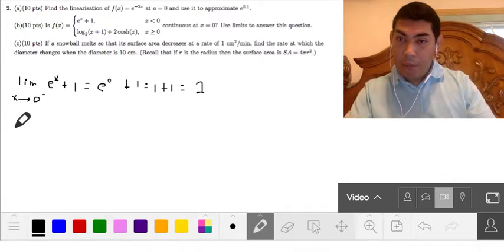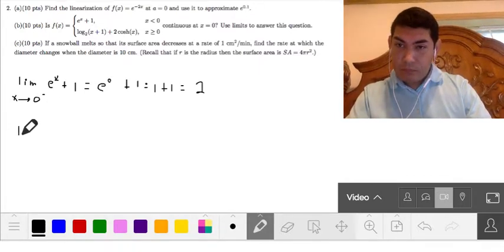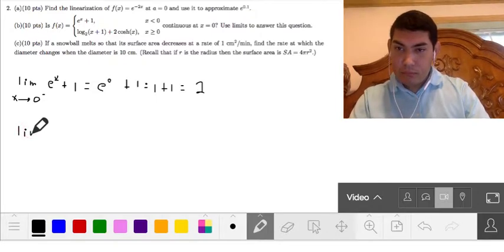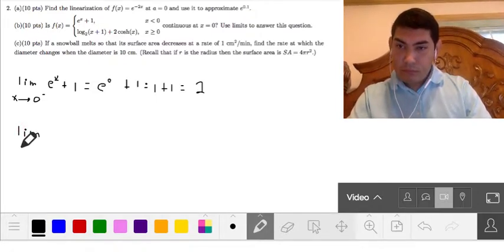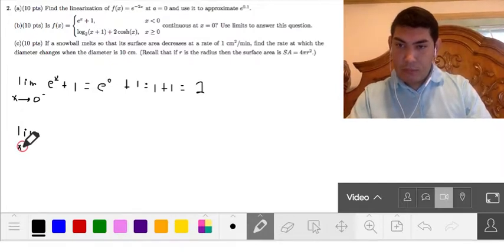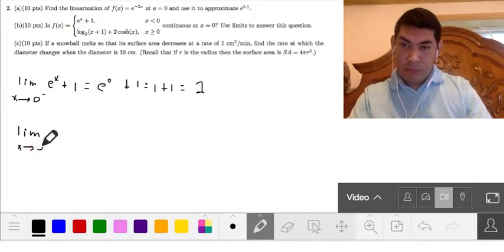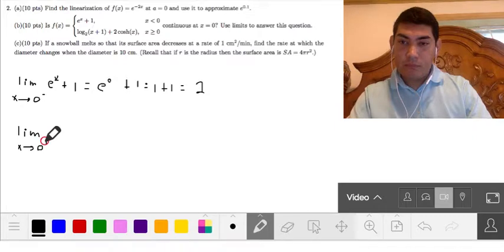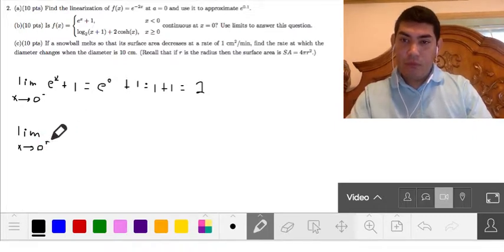Now let's look at the other function, but from the right side. So let's take the limit as x approaches 0, but now from the right side. Of what?